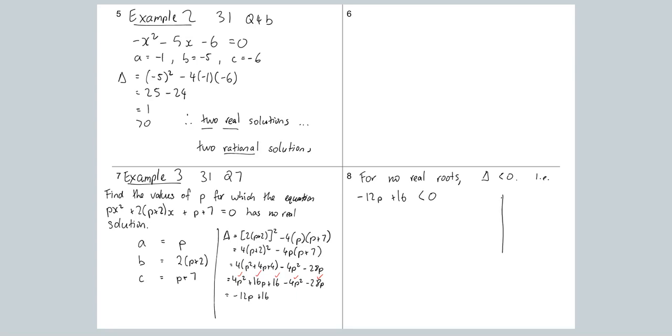So if I draw the graph, and note my axes now, this is not an xy graph, but this is going to be a p versus delta graph. Then this is going to be a straight line graph with an x-intercept, or a p-intercept really, like so. If I set minus 12p plus 16 equal to 0, then I'll have 12p equal to 16 by adding 12p to both sides.